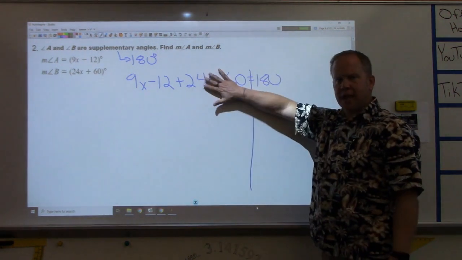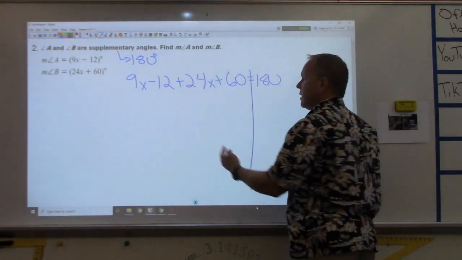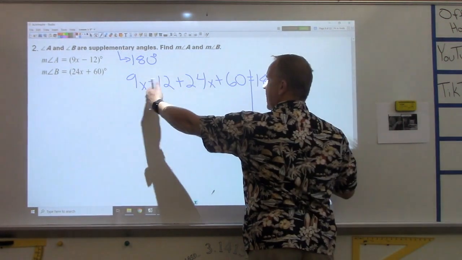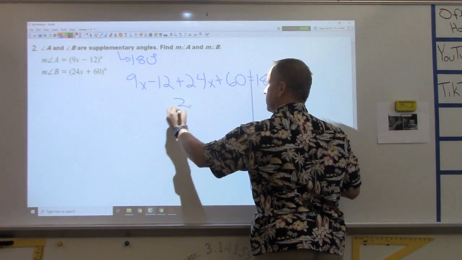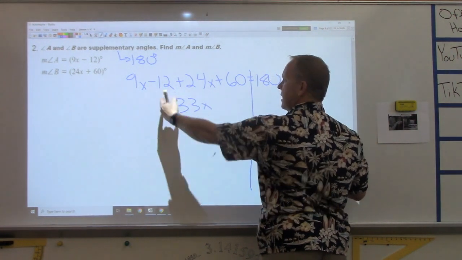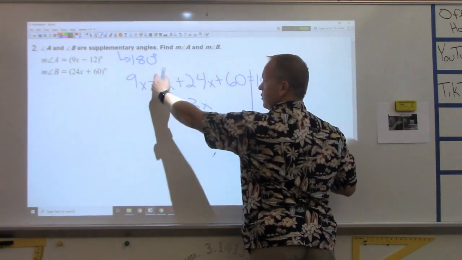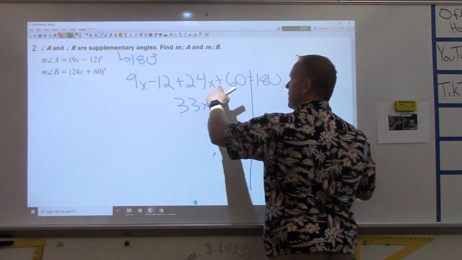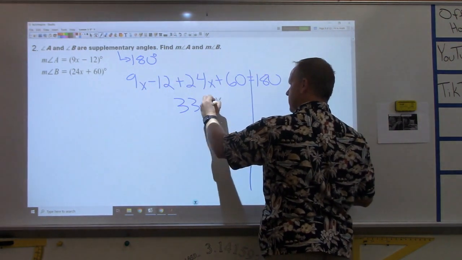Again, geometry stops. This is where algebra takes over. Combine like terms on this side. 9x plus 24x is 33x. Negative 12. Watch your signs. Negative 12 plus 60 is 48.